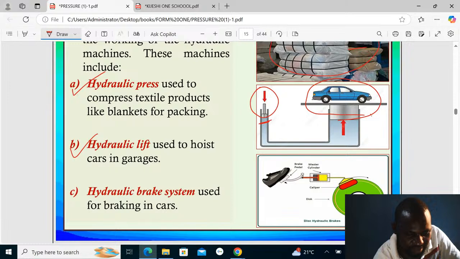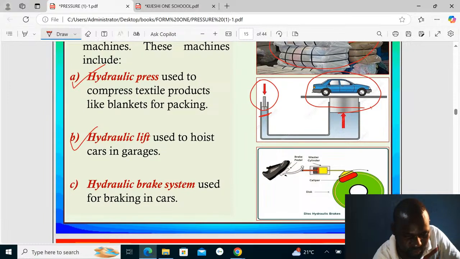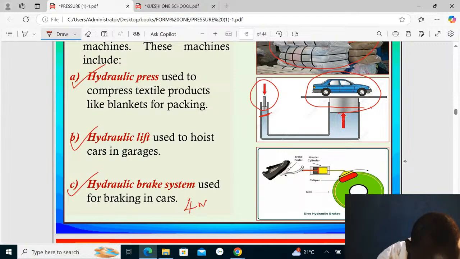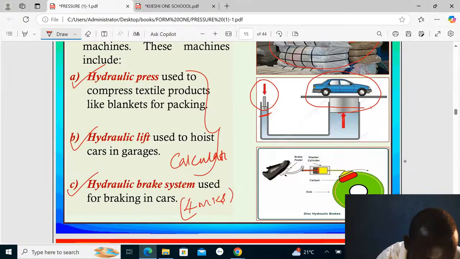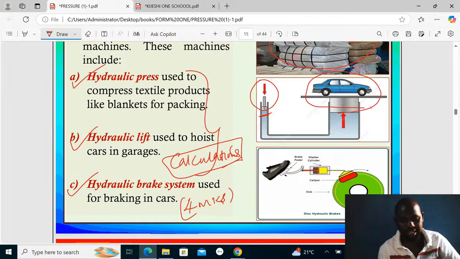We have the hydraulic brake system. This one we shall look at in detail because it is highly tested and gives around 4 marks in case it is asked. These two involve calculations.